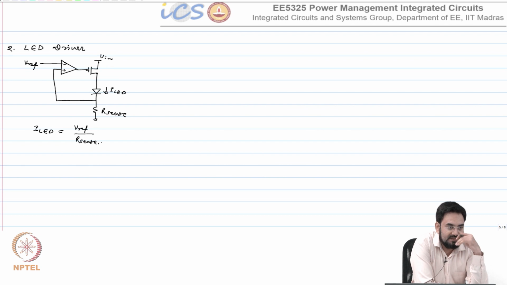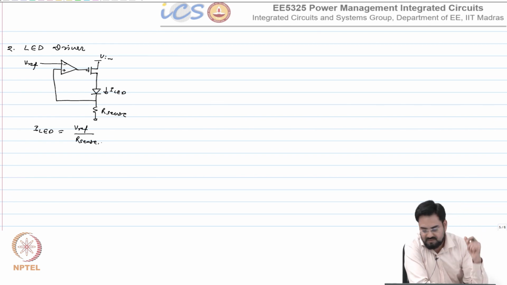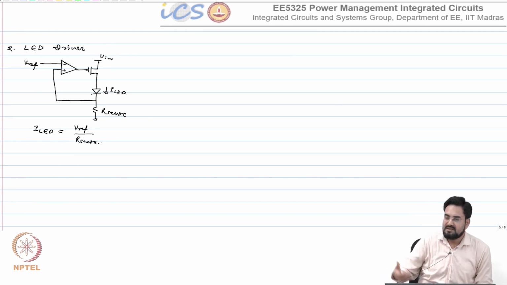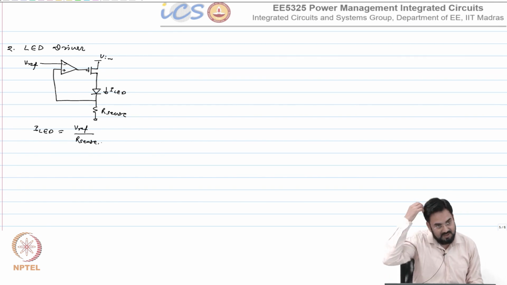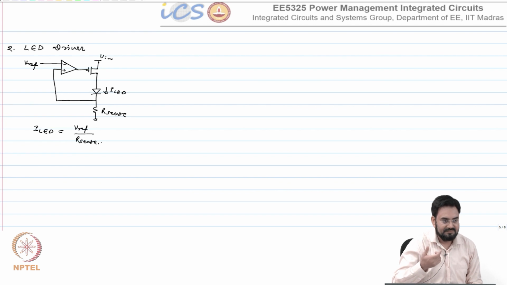The brightness of these LEDs is proportional to your current. So if you reduce the current, you can dim it, and if you want to increase the intensity, you increase the current. Most of these dimmable LEDs use current regulators, and you simply control the current. These days there are remote controlled bulbs where you can control the brightness. They do nothing but those signals control the current in the LEDs.